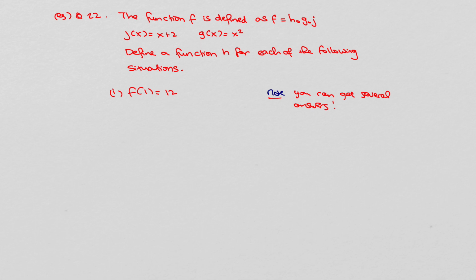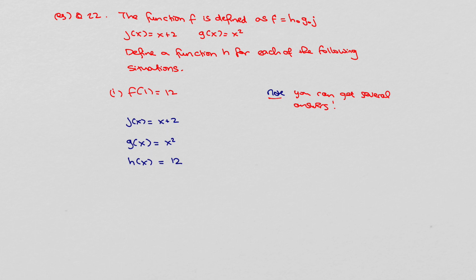So my order of operations is j of x, then I have to take my output from j and input it into g, which is x squared, and then I'll take my output from g and input it into h, and the answer I have to get is 12. So we need to know, well, what am I doing to get this 12?